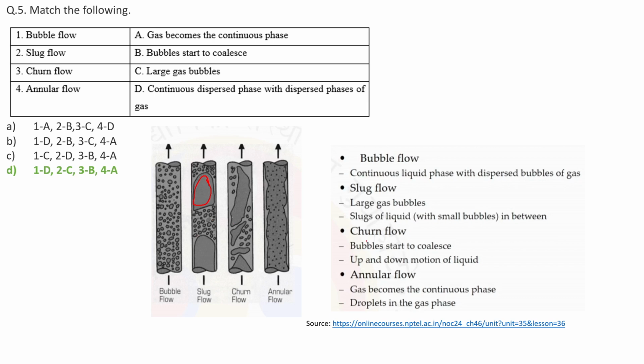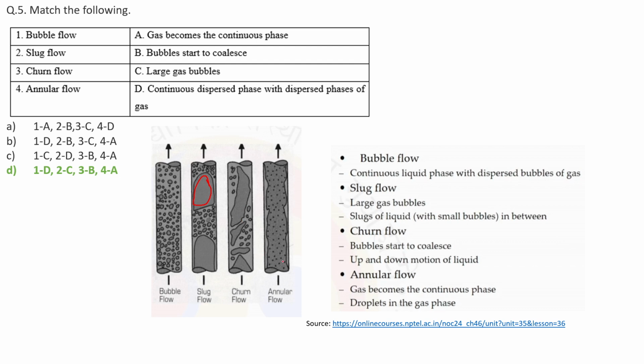Next is the churn flow, where the bubbles start to coalesce. Means the big bubbles start to come together and join, forming a bigger gap of gas bubble, with up and down motion of the liquid. Third is annular flow, where the gas becomes the continuous phase with droplets in the gas phase.